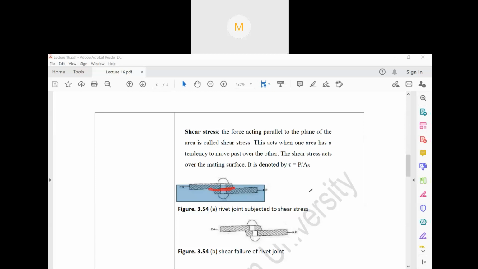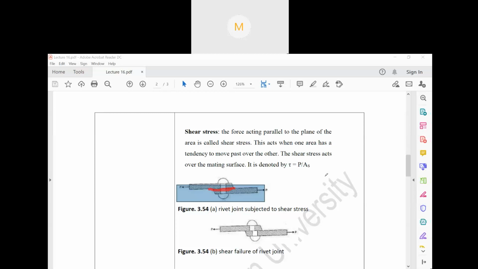So that means, this is known as shear stress. In shear stress, the forces have the tendency to simply tear off the bodies.